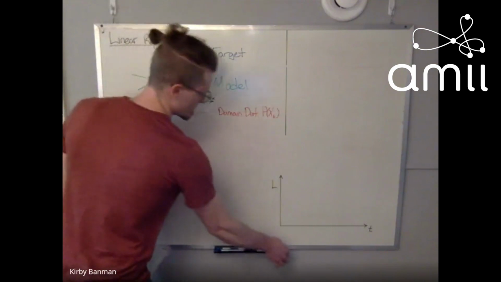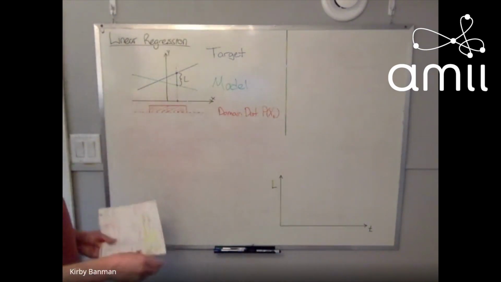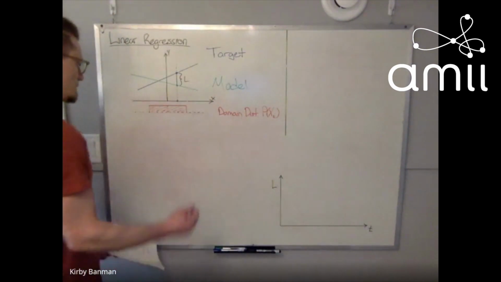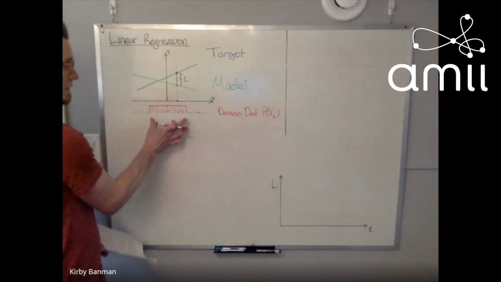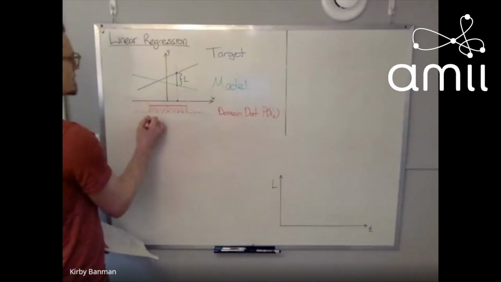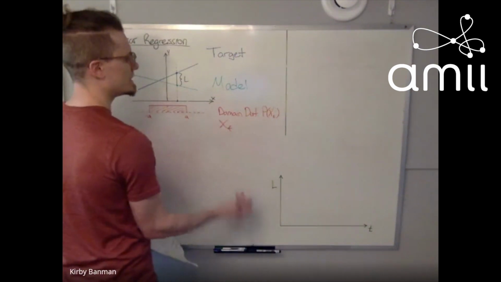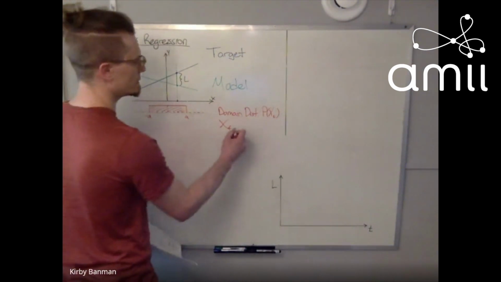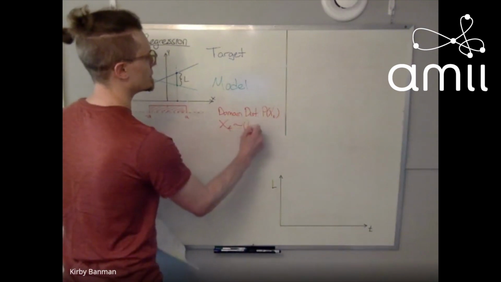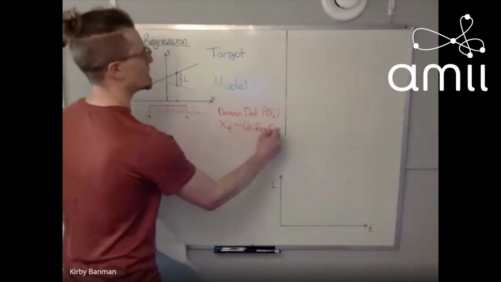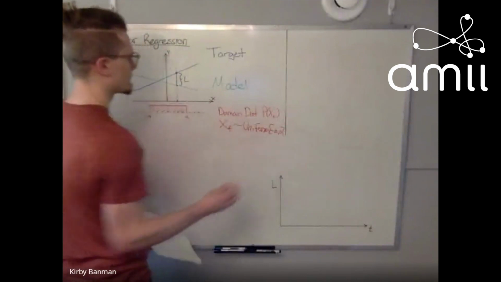So let's start writing this. We're sampling on the domain, just uniform from negative A to A. I'll write that as x sub t, t being a training iteration, is uniform from negative A to A.